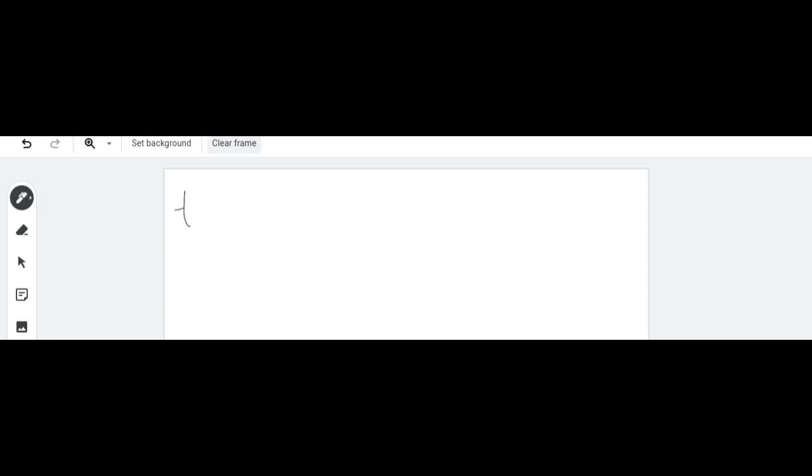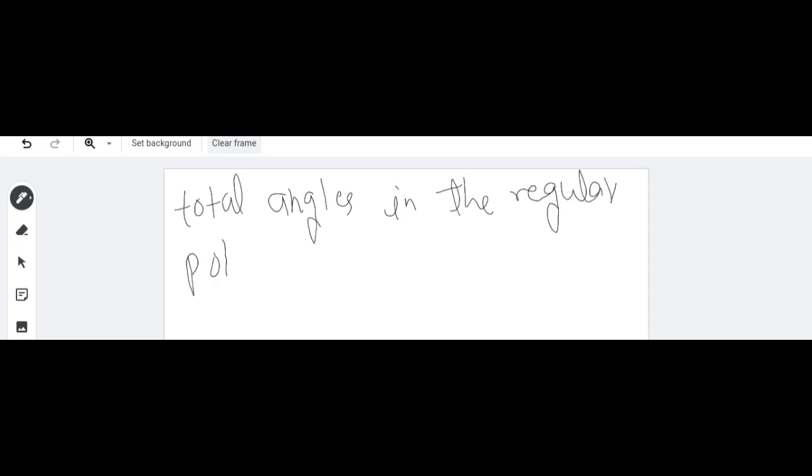then the angle in the regular polygon will be, we have to divide 360 by 9. Can you do this division for me?